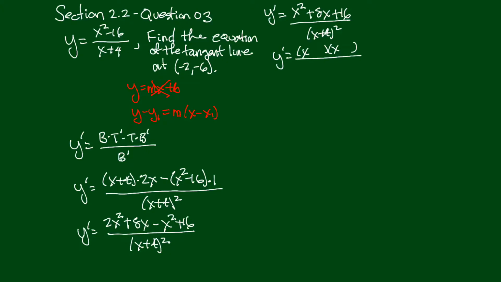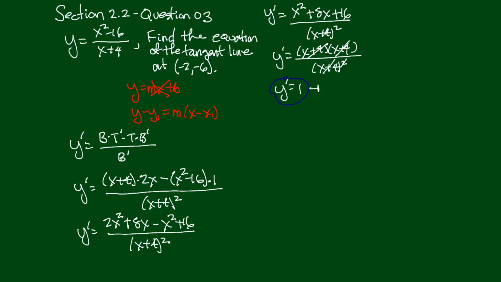How about 4? So we'll get x plus 4 times x plus 4 over x plus 4 squared. Well, this x plus 4 will cancel with one of those, and this one will cancel with one of those. So now y prime is 1. What we've got now is that the derivative is equal to 1.